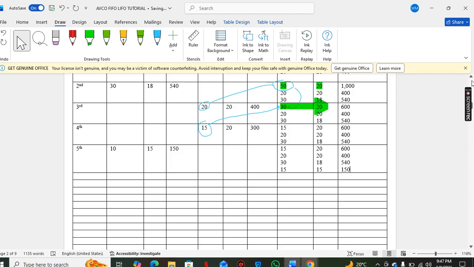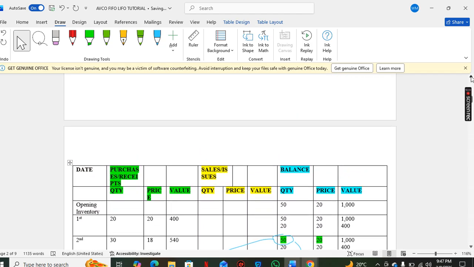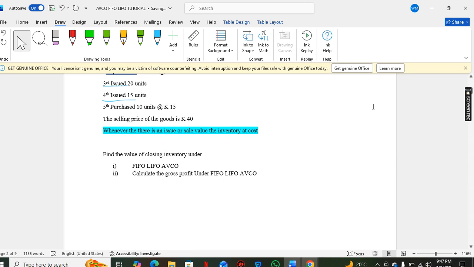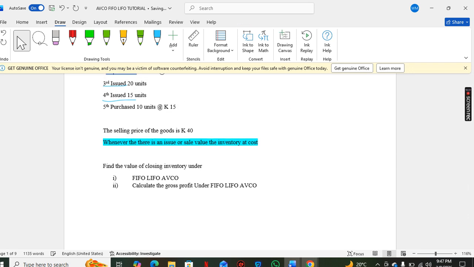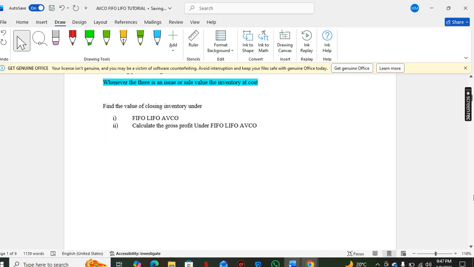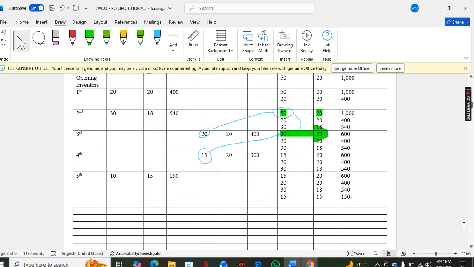Let me just add one more issue. Let's say in our transactions here, on the 6th we issued 35 units.